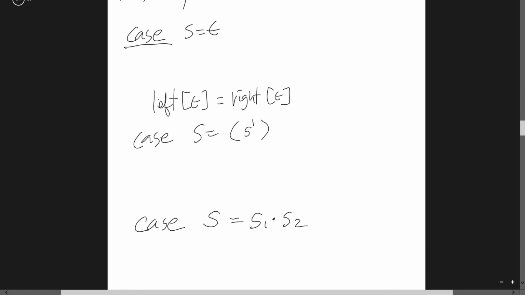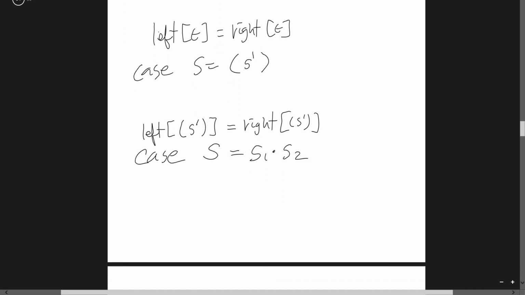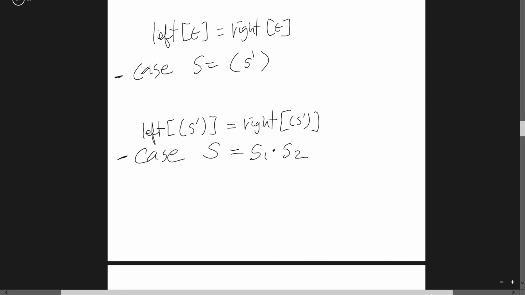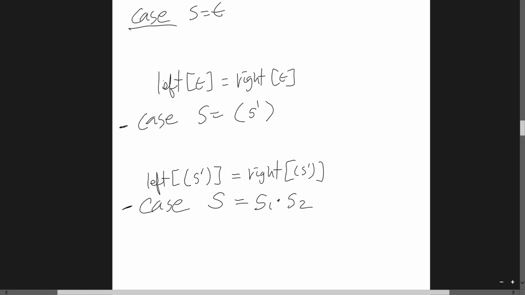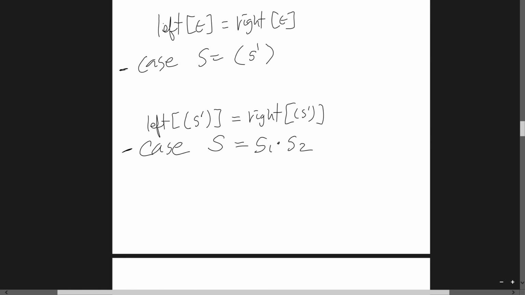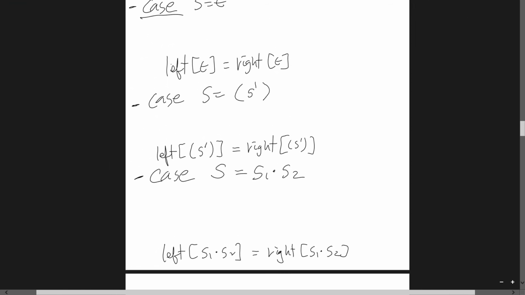Then we have to show that left of parentheses S prime parentheses is equal to right of parentheses S prime parentheses. And finally, in the second inductive case, we want to prove left of S1 concatenated S2 is equal to right of S1 S2. So now the remaining job is to fill in the details.